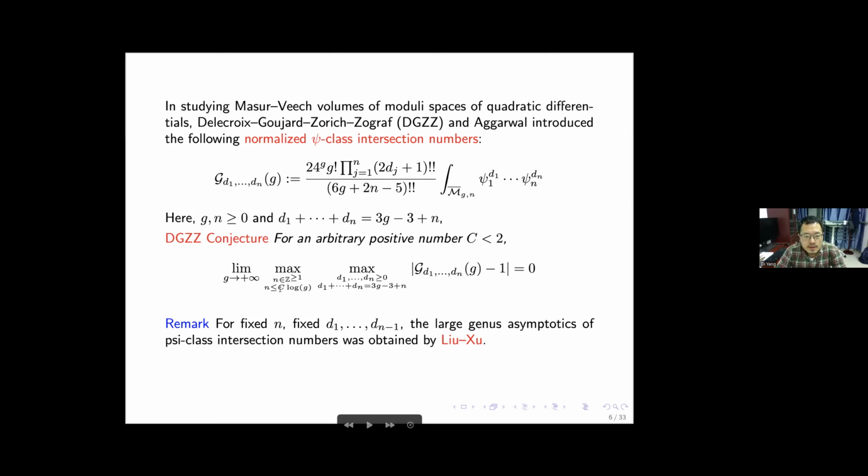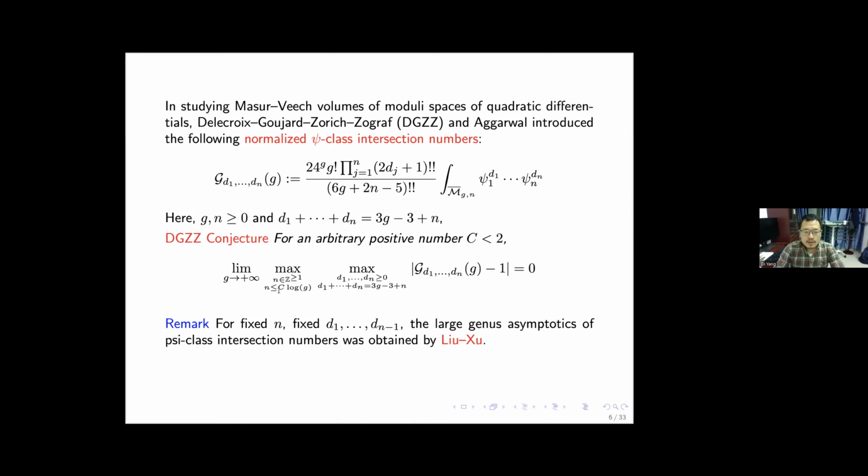So for n smaller than or equal to C log g, and the d_i are arbitrary. Because of the degree dimension counting, the sum of these d_i's should be 3g minus 3 plus n. So apart from that, they are arbitrary. The range of n is smaller than or equal to C log g.